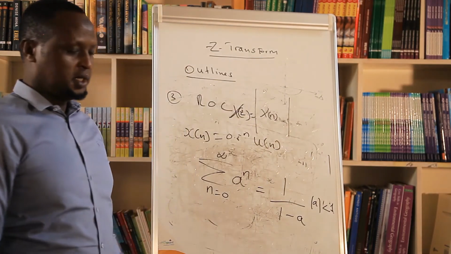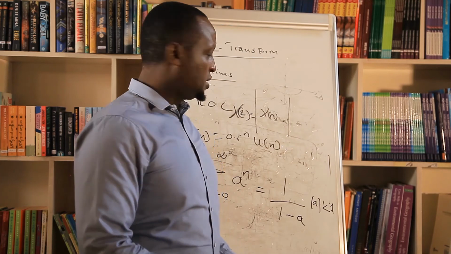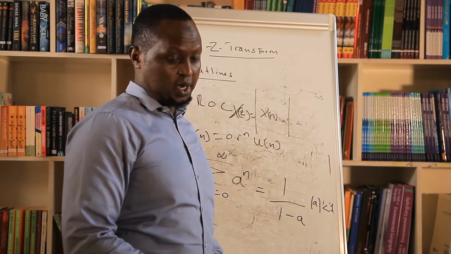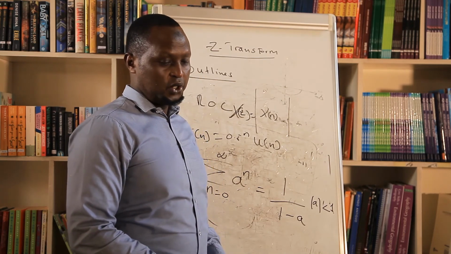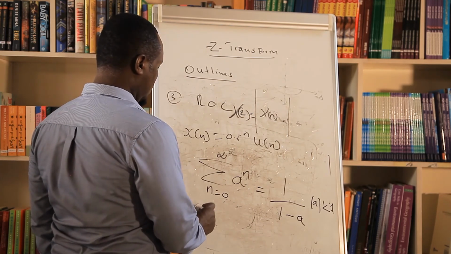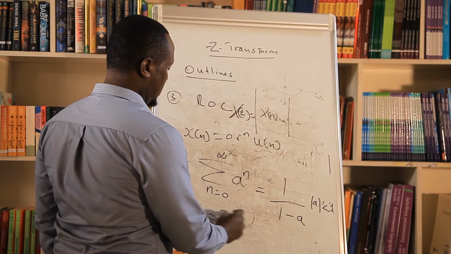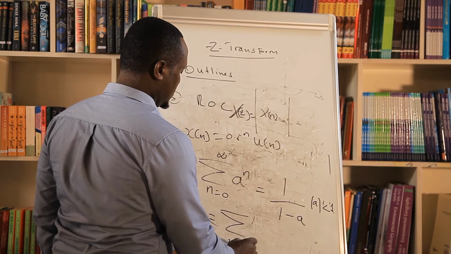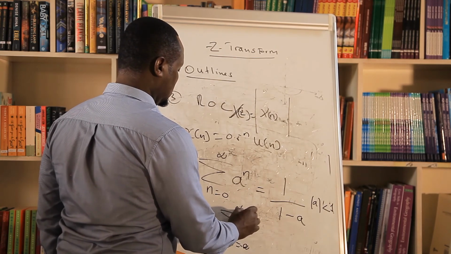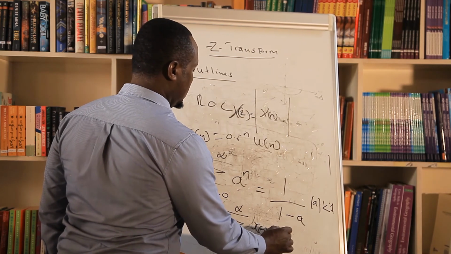This one also can be calculated in the same way. Where it is a, we are going to replace it with z, so that you can get information from it. So you can compute, for example, X of z as the summation of n equals negative infinity to infinity of small x of n, z power negative n.